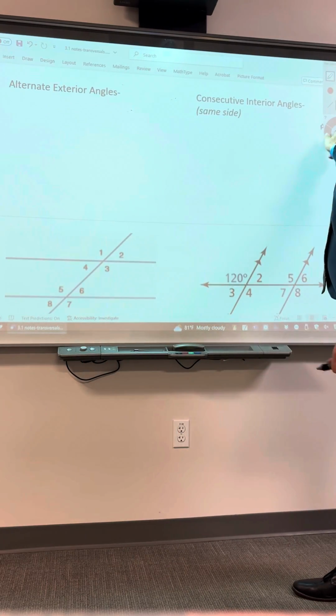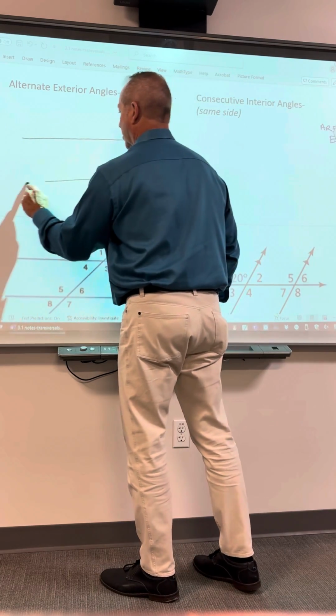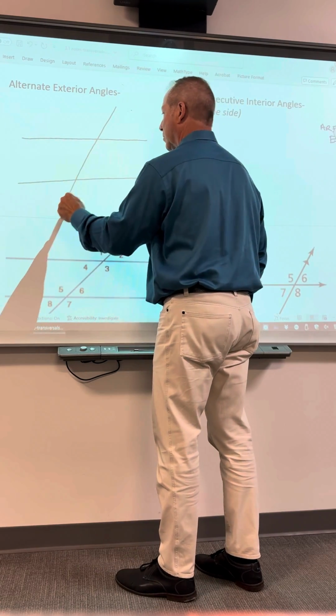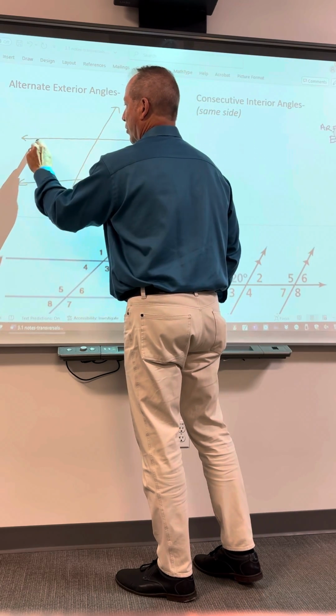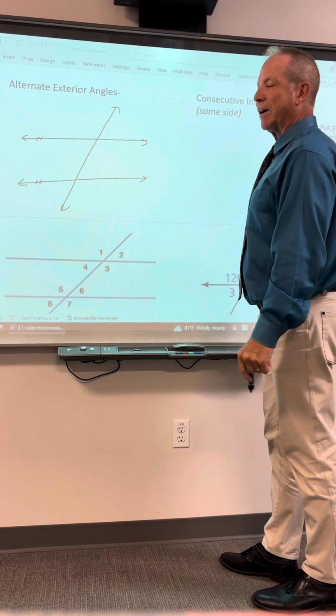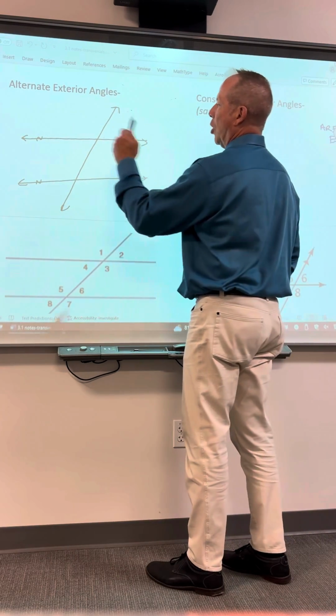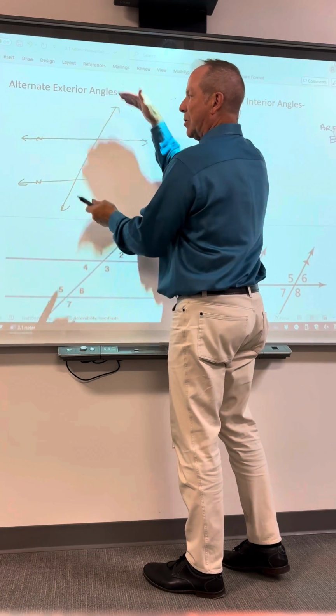Alternate exterior angles. Again, make two parallel lines cut by a transversal. You know they're parallel because of the squiggle line. Alternate exterior angles are on the alternate sides of the transversal, except this time they're on the exterior.